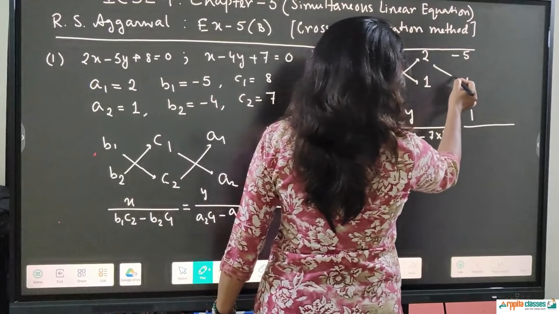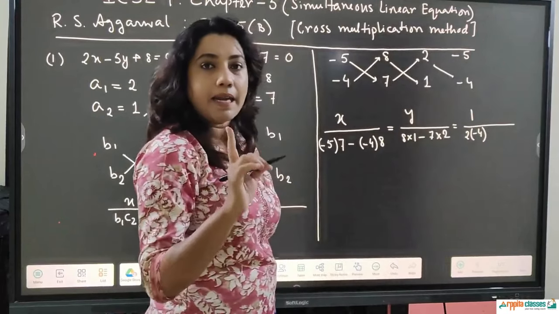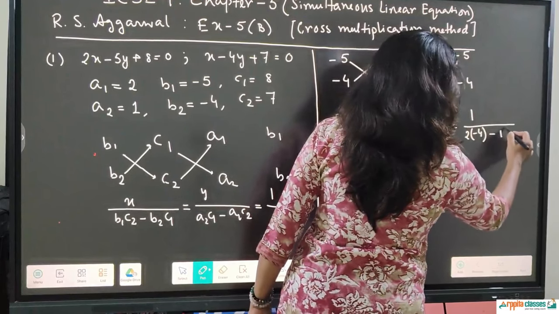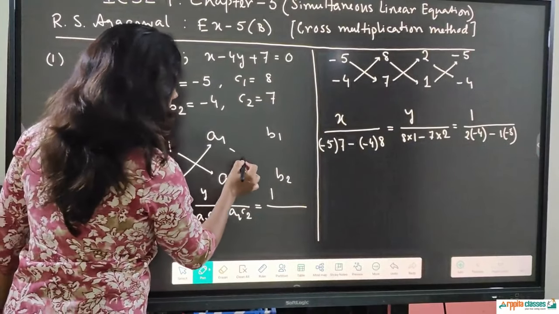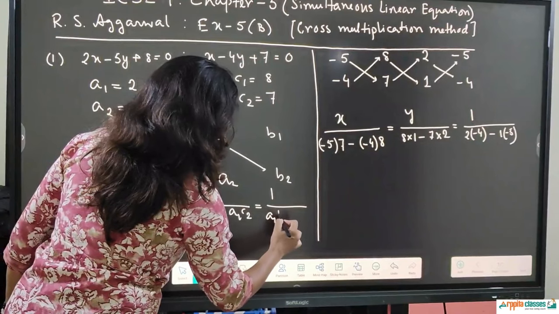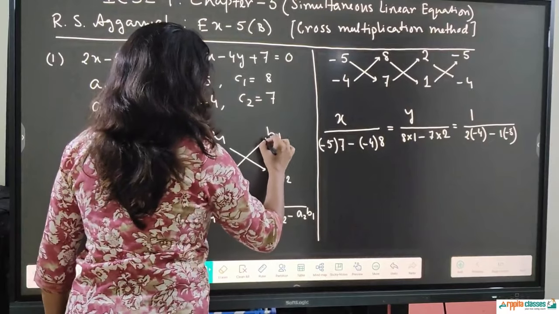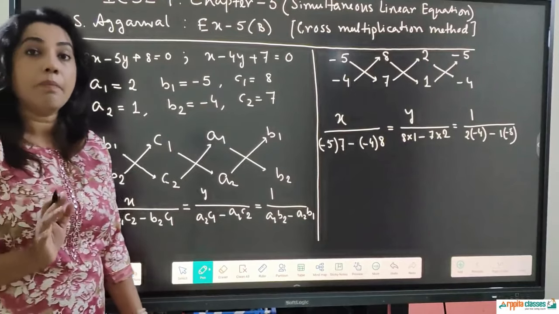Now we are going to multiply this way, 2 into minus 4. There is a minus sign in between, so write down minus, and 1 into minus 5. So under 1 upon something we have written A1 B2 minus A2 B1. Basically this is the formula for the cross multiplication method.